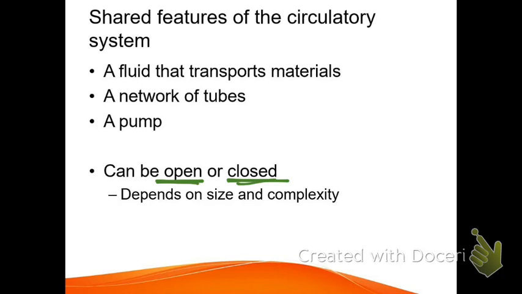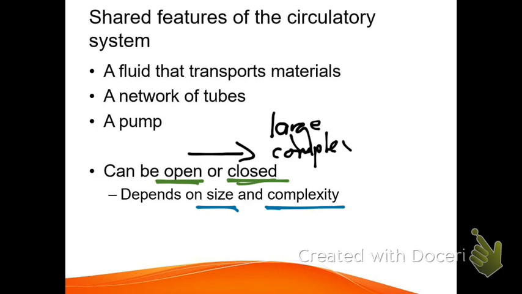And whether an animal has one or the other relates in some way to how big the animal is and how complex the animal is. And generally, if they're larger and more complex, they tend to go more towards closed. And on the other side, small and simpler organisms tend to have open circulatory systems.